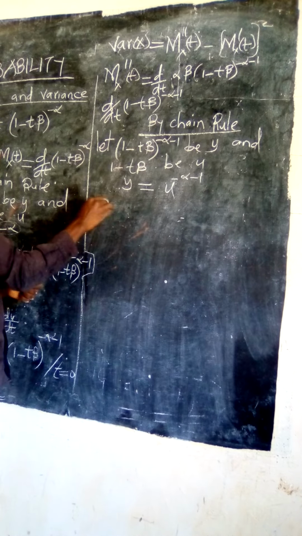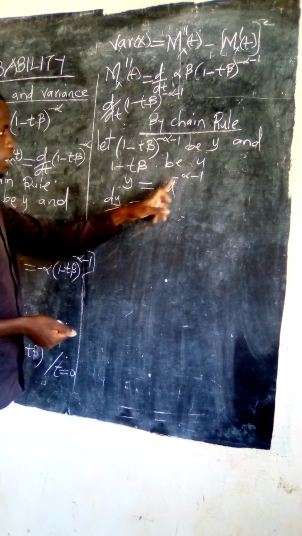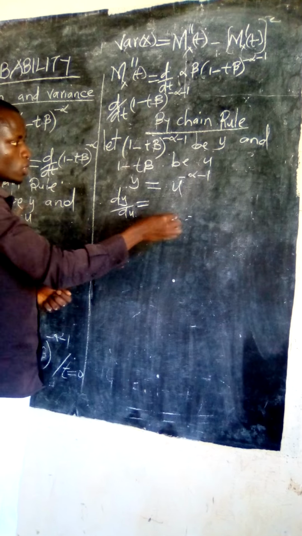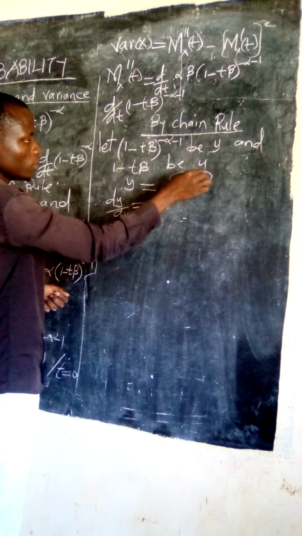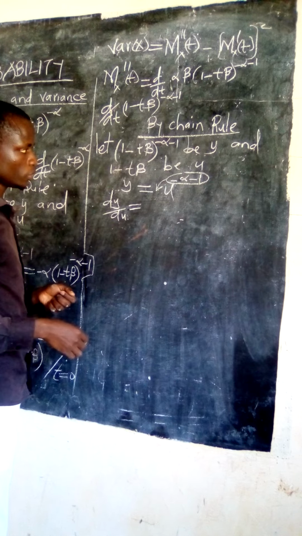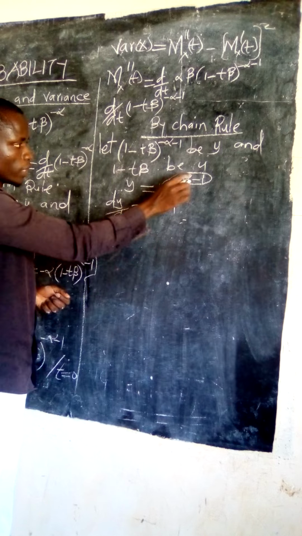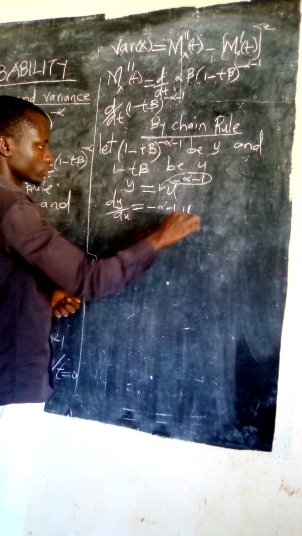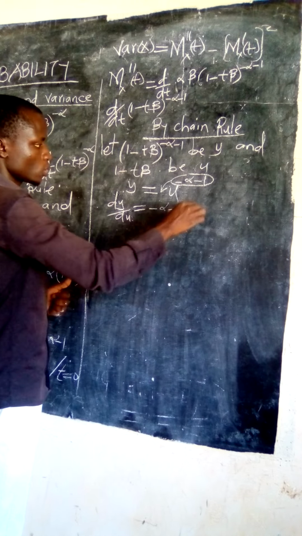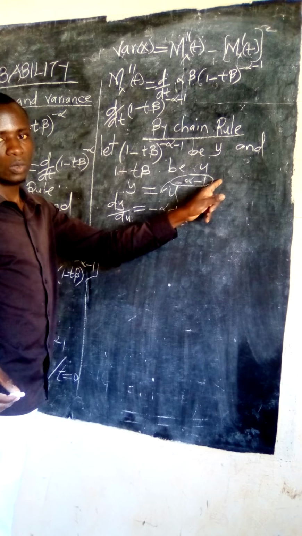So you come here and say that dy/du is now the same as, you just come and differentiate this function here. Now let us see, to differentiate this, you are required to bring down the whole of this power here. Then you subtract 1 from the power. That is the idea. And therefore it is negative alpha minus 1, the whole of that function there, then it is u. I just write the power the way it is, but I subtract 1. So that is negative alpha, I need to subtract 1, which is negative 1 minus 1, negative 2.